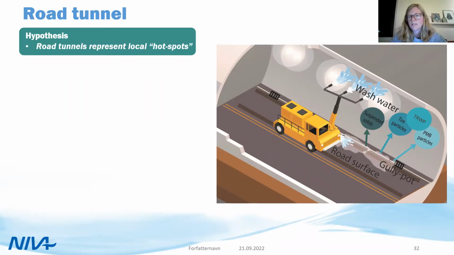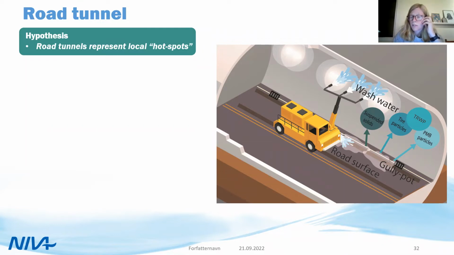We wanted in this study to look at tunnels because, at least in Norway, a tunnel is defined as a pollution hotspot, and it's an area where you can look at these pollutants without too much disturbance, because you won't have the impact of rain, and you won't have particles going up to the atmosphere, except in the entrance. So it's a very good place to do a study and also have a look at these highly polluted areas.